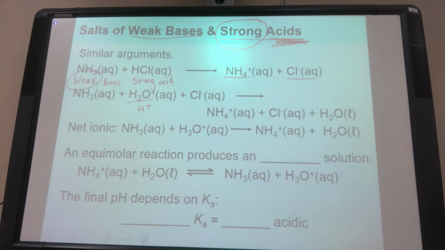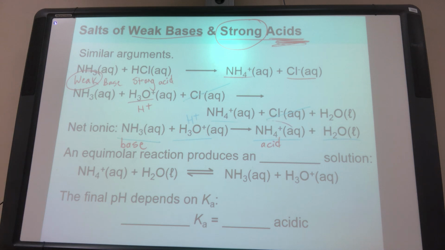Alright, so let's see what's on both sides. Your Cl minus is on both sides, so that's going to cancel out. All you're going to have left is your NH3, your H3O plus, which came from your H plus, your NH4 plus, and your water. So this is the base, this is my conjugate acid.